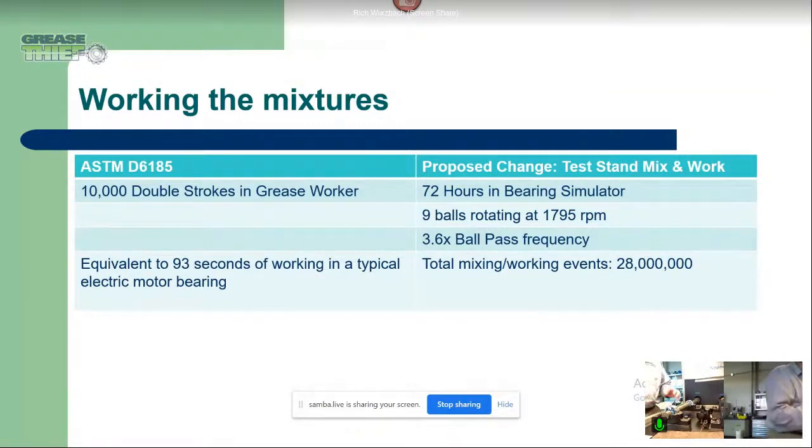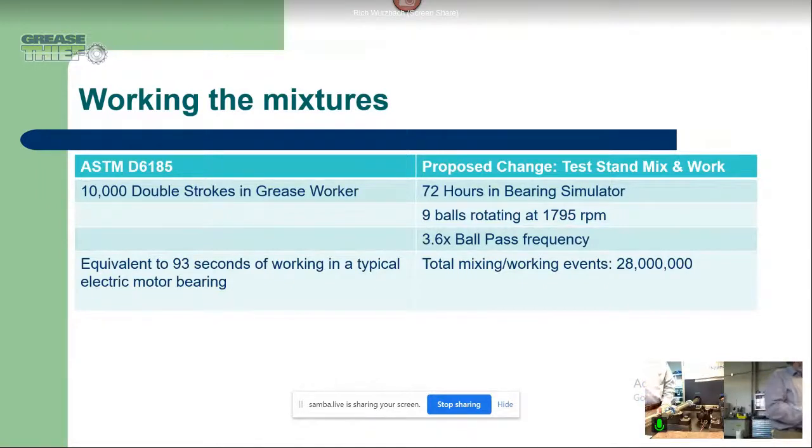And in a minute, I'll show you how we do that and how we transition from one grease to the next. You might be able to see here we've got some white grease and a blue grease that are mixed together in there. This is the result of a test where we've mixed these 2 different greases together. And then we can sample after that working.